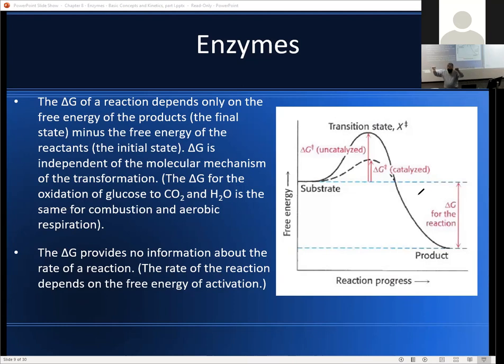In order for a reaction to occur, A and B have to encounter each other. And not only that, they have to encounter each other with enough kinetic energy for a reaction to take place. And not only that, they have to be held in the correct orientation. So they have to encounter each other with enough kinetic force and correctly oriented in space that a reaction will occur.